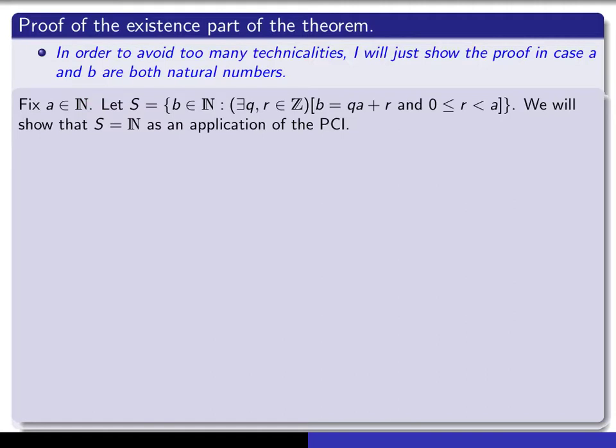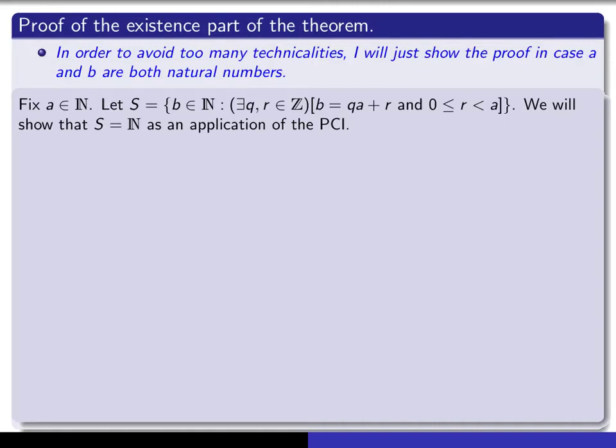So we take S to be the set of all natural numbers b for which the conclusion of the theorem holds. In other words, for which there exist integers q and r such that we can write b as aq plus r, and r satisfies this inequality here. We're going to prove that S is equal to the set of natural numbers as an application of the principle of complete induction.